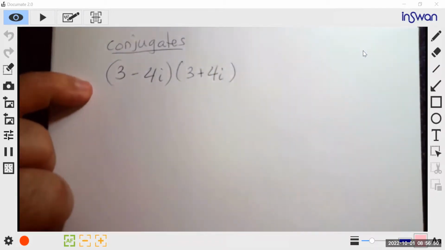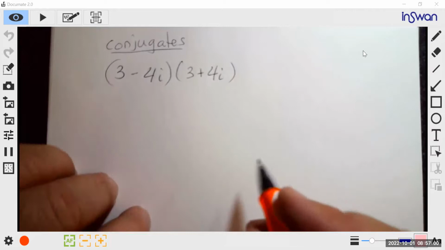Because to get the conjugate, you simply change the sign of the number in front of the I. Okay, work it out. Multiply out.